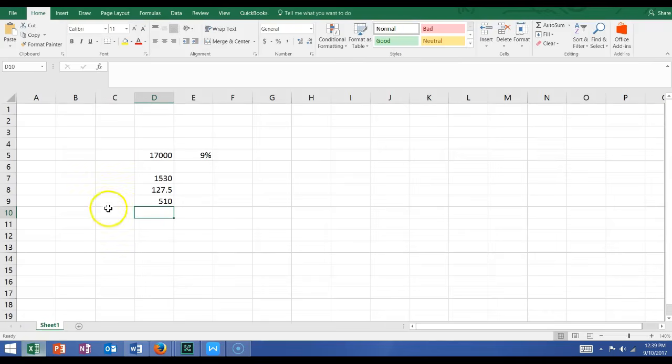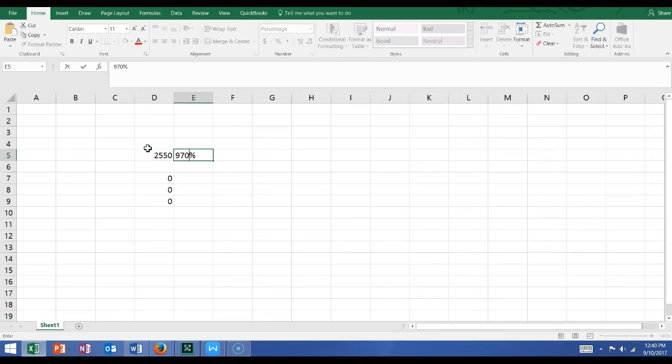So if we go here and show $2,550 is what we show in our books, but $970 is what it really was.